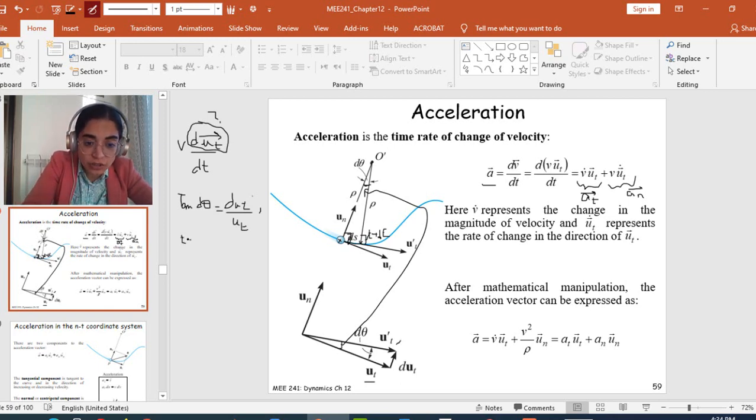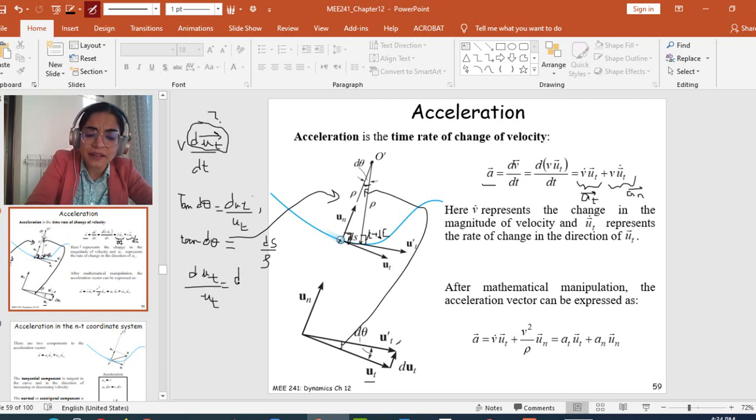Now, what is the tangent of d theta in the first figure? Tangent of d theta in the first figure is ds over rho. And since I have the same d theta, this means, guys, that dut over ut is equal to ds over rho. And you can, guys, also get this ratio from similar triangles, all right?